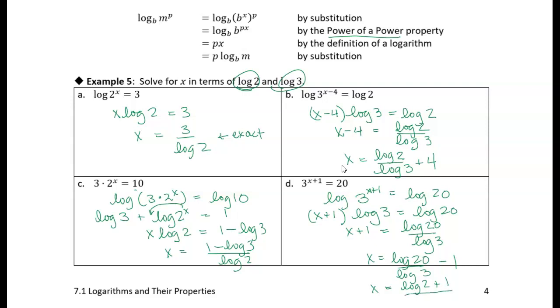And then all over the log of 3, and then minus 1. I'm starting to run out of room here. So now I have it written in terms of the log of 2 and the log of 3. Now there are other forms that you could write this in, but that's one acceptable answer.